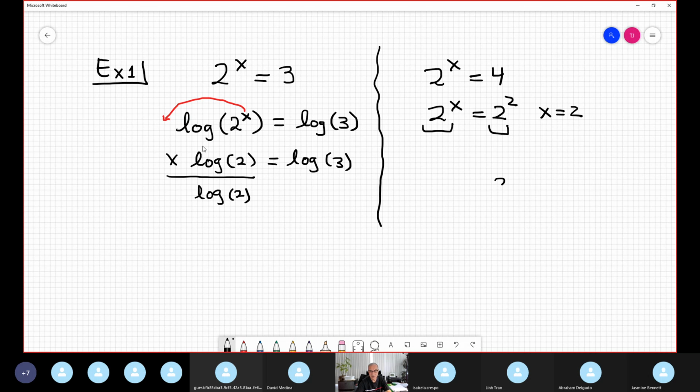Well, how do you solve 2x = 3? You divide by 2. That's it. Of course, it's not 2 or 3, it's logarithm of 2 or logarithm of 3, but they are numbers. And this number we can compute using the calculator, of course.